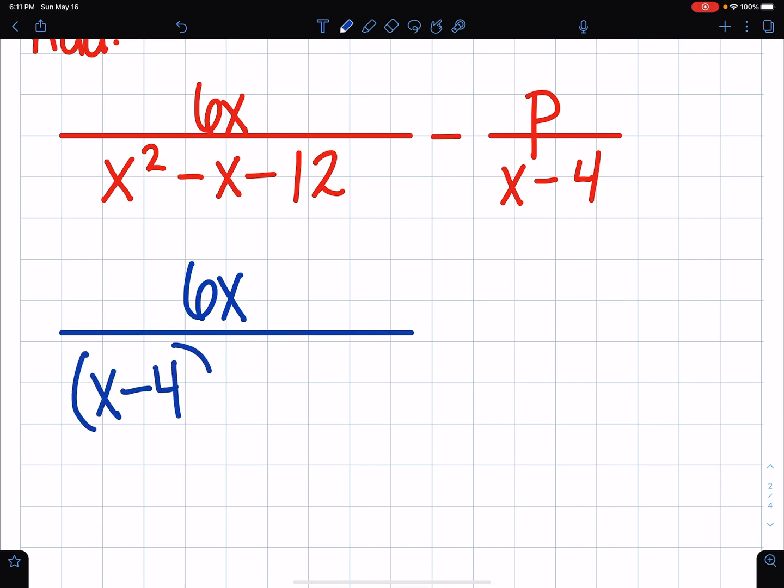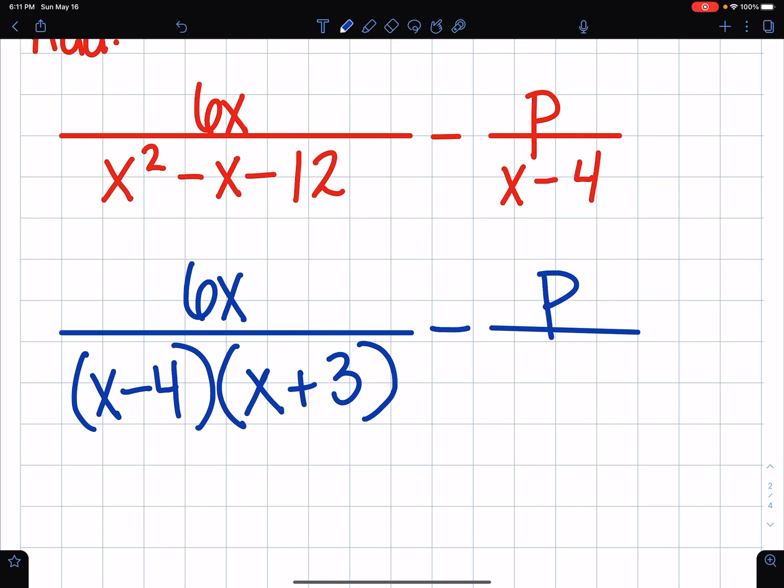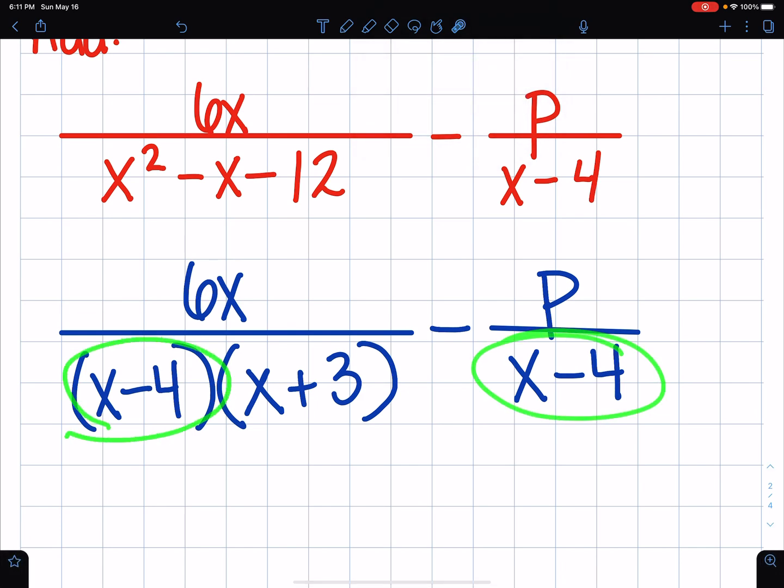And so what they get is x minus 4 and x plus 3, okay? And then on the right, you're going to have p over x minus 4, and we're just going to leave that one the same because look, you've got an x minus 4 over here and you've got an x minus 4 over here.